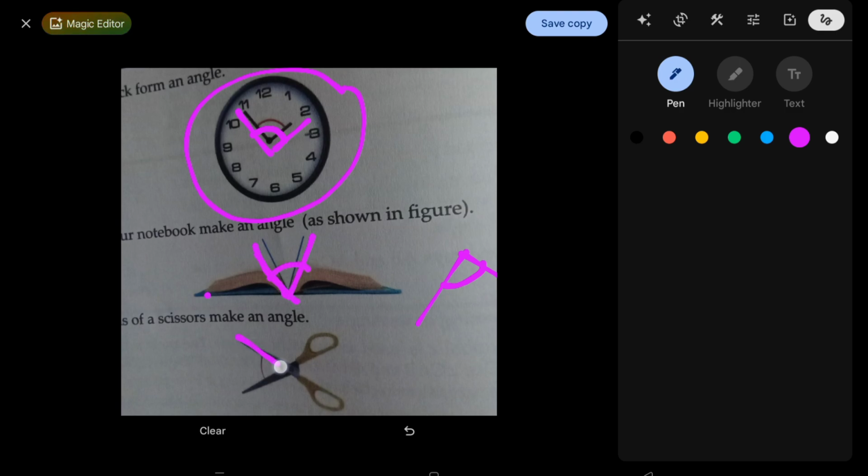And in a scissor, we also see there is an angle between its two arms, and also between its two handles. So what is an angle? Whenever two arms, or we can say two rays, join together, they form angles. And there are several angles.